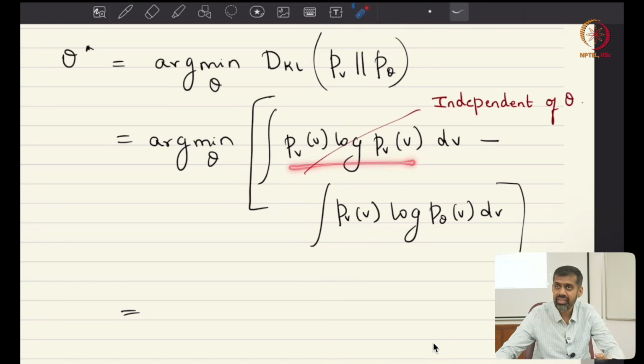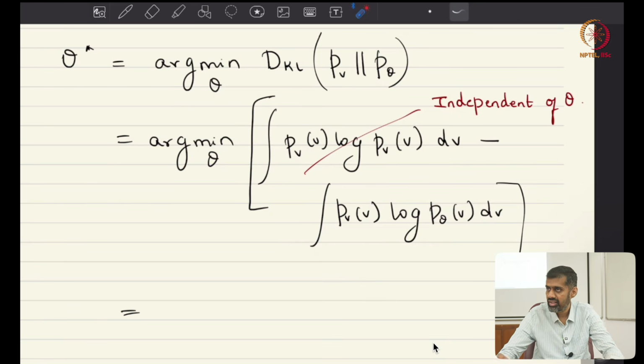Now how do you interpret this? I am saying that this is the entropy of data, and I can do nothing about it because data is given to me. If I have to minimize the divergence between PV and P theta, the only thing that I can play with is P theta, not PV, because that is the entropy of data and I have no control over it.